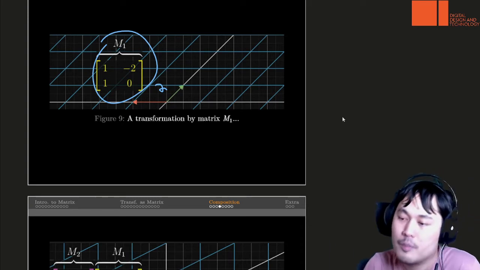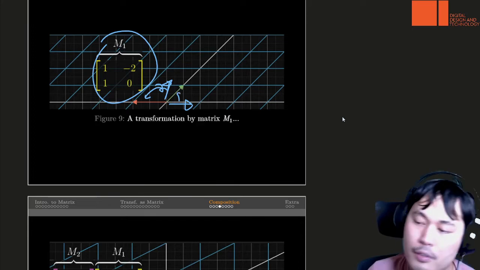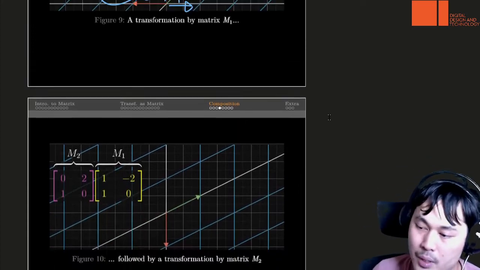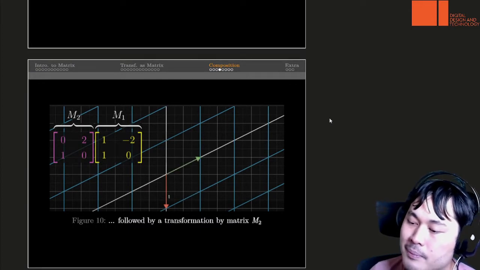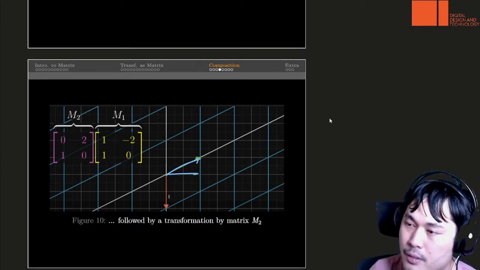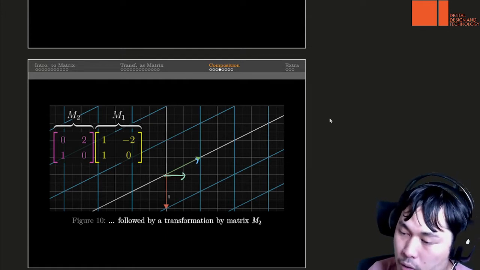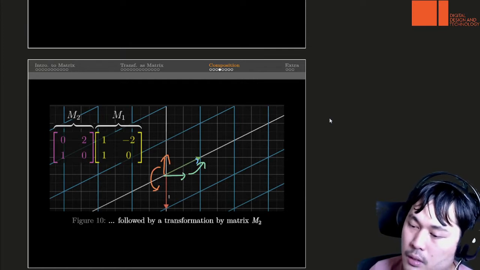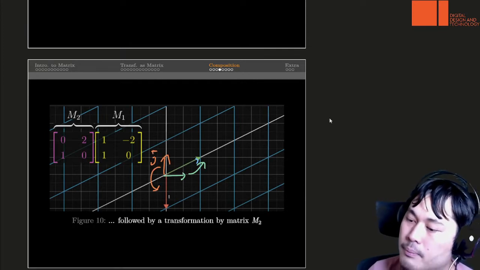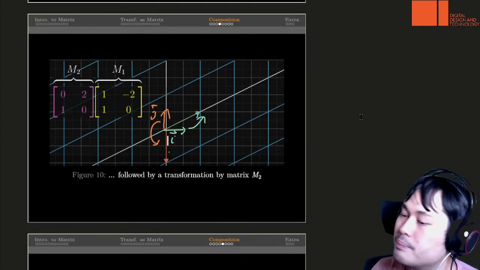In this case, it transforms these two vectors to these two new vectors, and then we transform this result to a new vector. And so it's as if you transform the original i vector to this new vector, and then the original j vector to this new vector. And so that's the result we want.